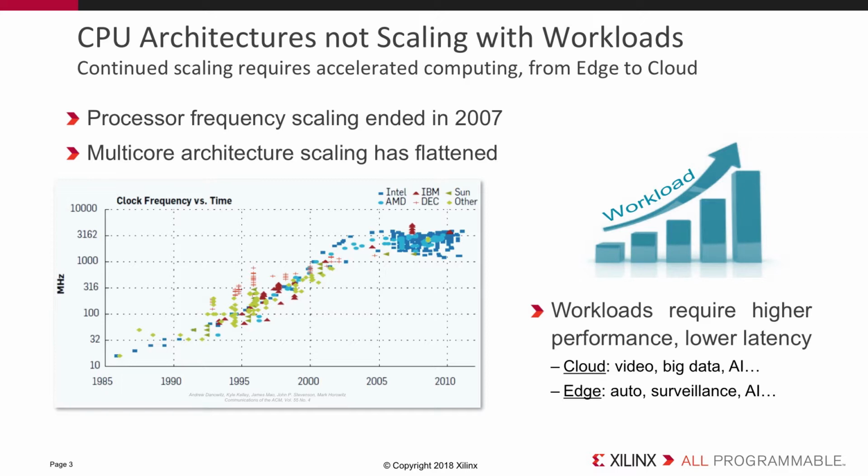And the same goes at the edge. We have similar workloads, video, data analytics, etc., at the edge for automotive, smart cities, and so on. So processor speed is not scaling, but workload demand for speed and latency is continuing to grow exponentially.